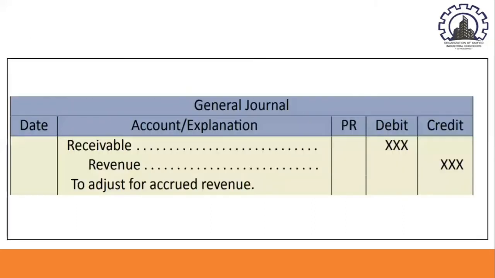So this is how our adjusting entry would look. For Big Dog Car Works Corporation, assume that on the 31st of January, $400 of repair work was completed for a client, but it had not yet been collected or recorded. And so Big Dog Car Works Corporation must record the following adjusting entry.